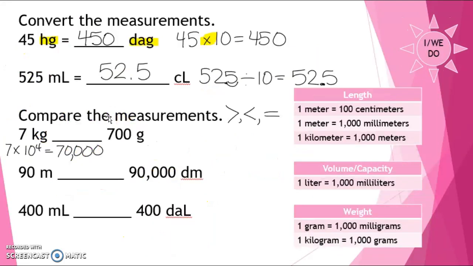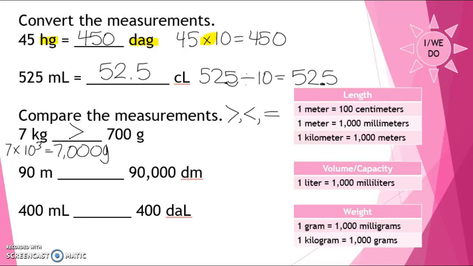So our answer is actually 7,000, and it should be 10 to the 3rd power. 7 times 10 to the 3rd power, which is 7,000 grams. Is 7,000 grams greater than, less than, or equal to 700 grams? You are correct. 7 kilograms is greater than 700 grams.